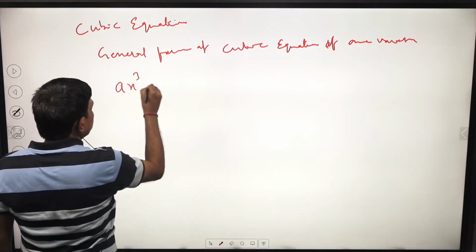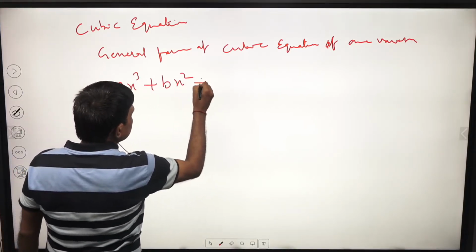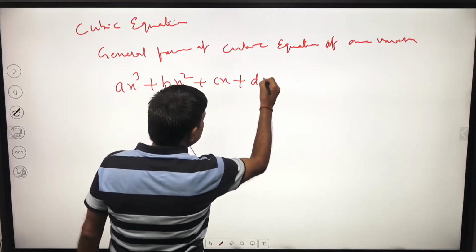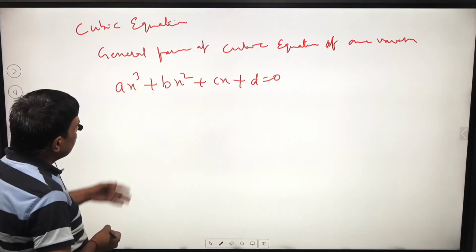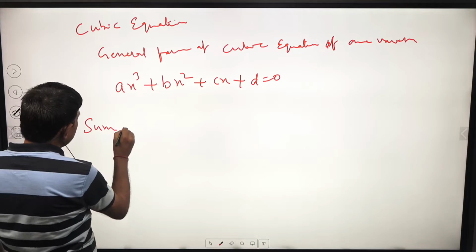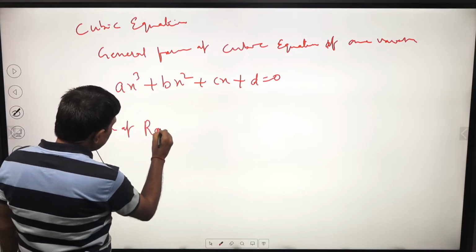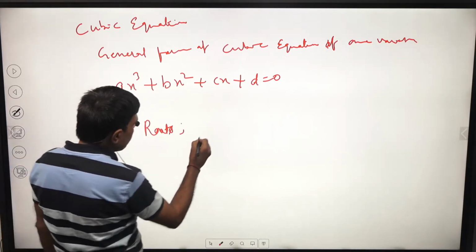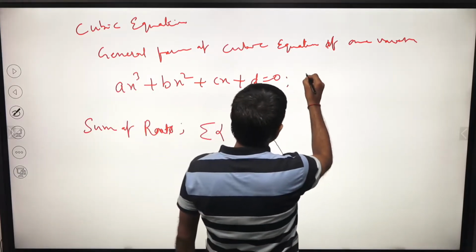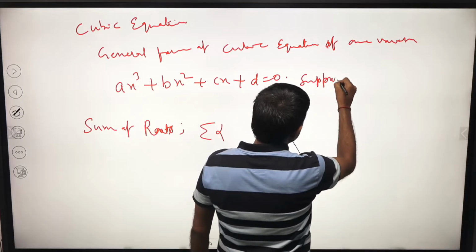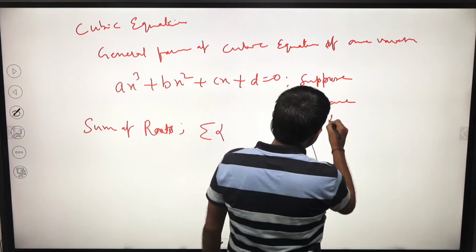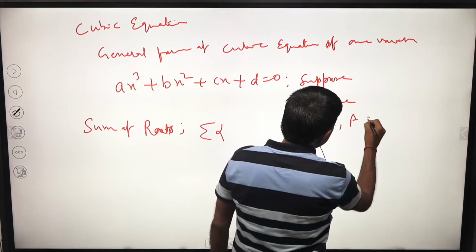ax cube plus bx square plus cx plus d equal to 0. So here, what will be the sum of roots? Suppose that the roots are alpha, beta and gamma.